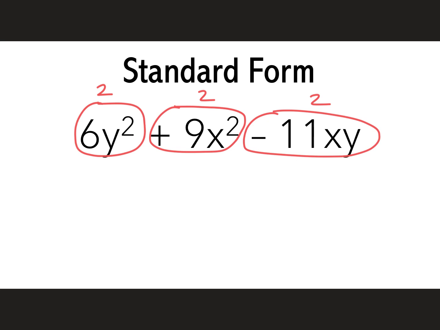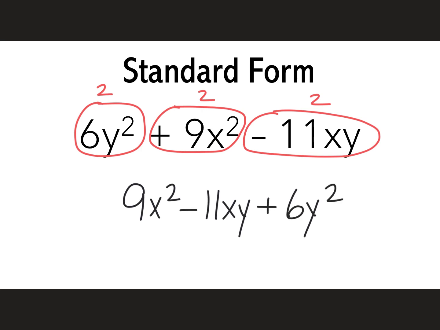So in this case, x comes before y. So I will start with 9x^2, which could be xx, because x squared is x times x. And then 11xy. And then finally, the one that only has the y's in it, 6y^2. There you go. Hey, what's my constant? Well, since you don't see it, it'd probably be a 0. What's my leading coefficient? The 9.